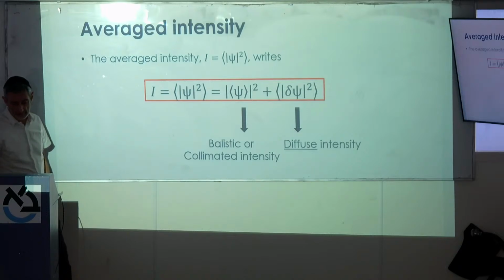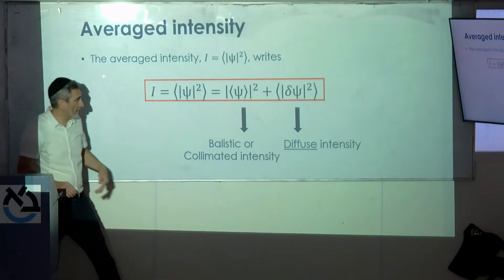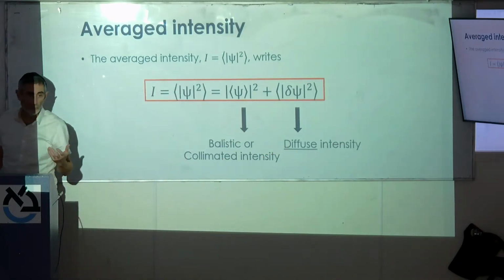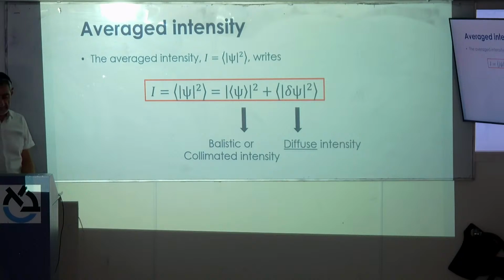This term here is interesting. It is the power, the energy that is carried by the field fluctuations themselves. You see that the fluctuation of the field on average is 0, but the average of the square of the fluctuation is not 0.